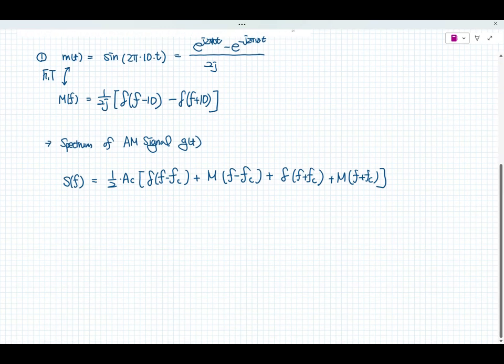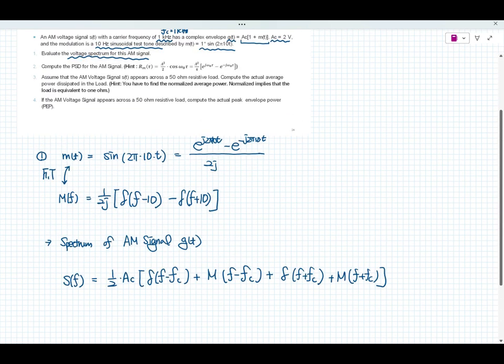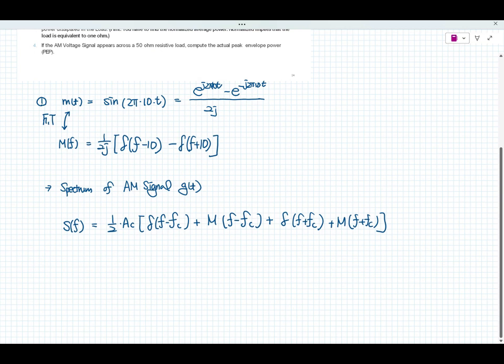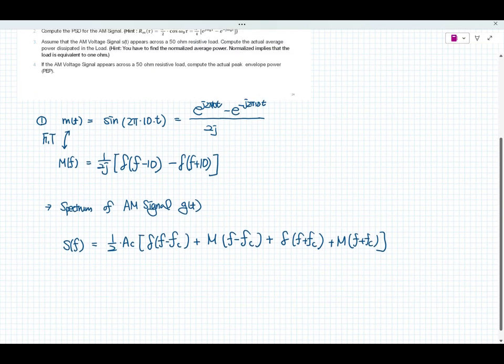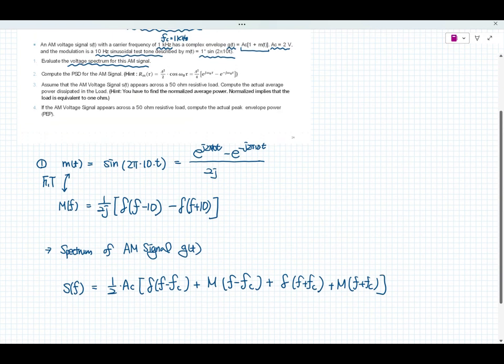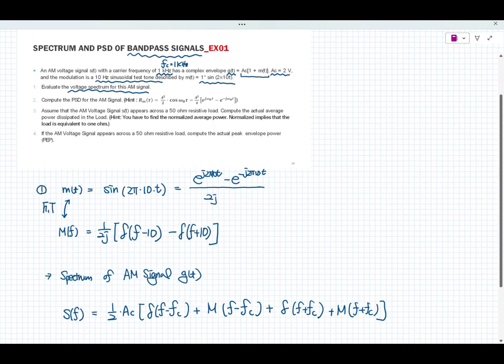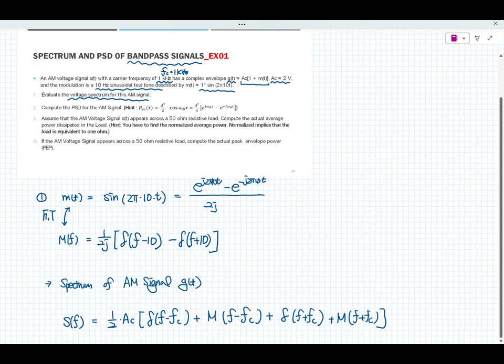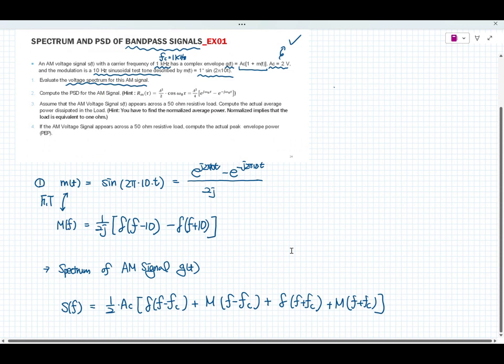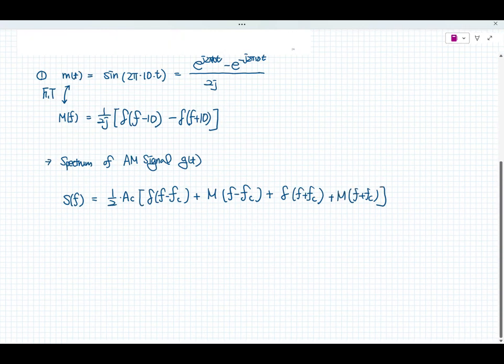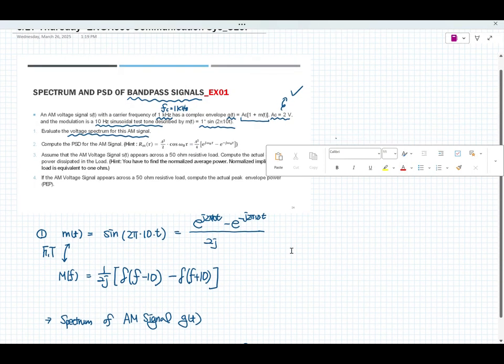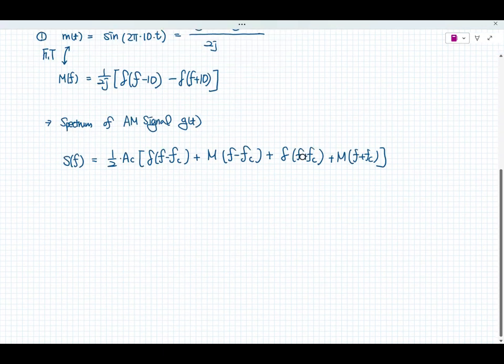From the question, what is f sub c? Going back to here, the g of t, this is 2 volts, right? And f sub c is 1000, the carrier frequency of the AM. So A sub c is 2 volts and the carrier frequency is 1000.